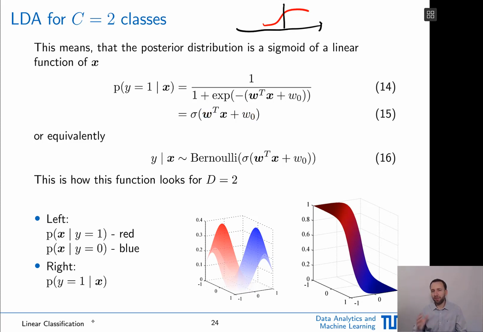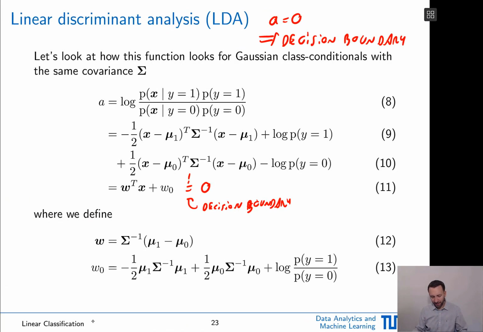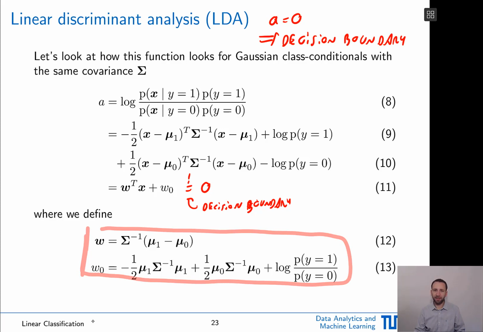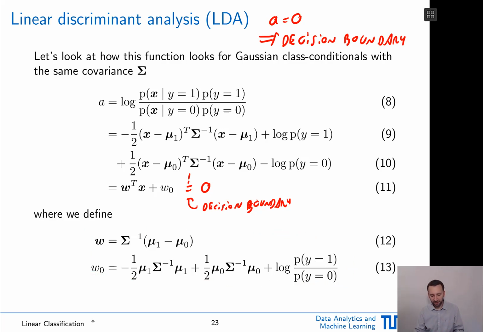You can't just pick them arbitrarily, but they have been derived based on this here. So please be careful in this LDA approach. W and W0 have a specific structure. They just come from evaluating our probabilistic graphical model, our probabilistic formulation. So W is this equation and W0 is the other one, okay?